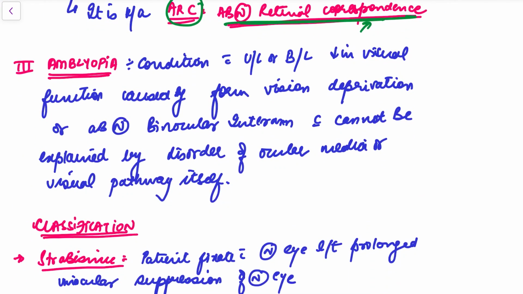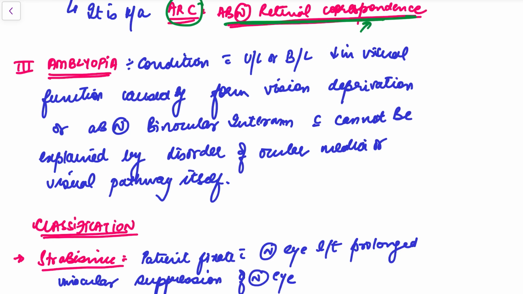Now the third one is amblyopia. What is amblyopia? For example, if squint is present in the right eye and it is present since childhood, for example at the age of 1 year or at the age of 2 years or even less than that. So the eye is in the developing stage in that age group. So if there is not proper signaling from the affected eye, the brain will stop receiving signal from that eye, right friends?